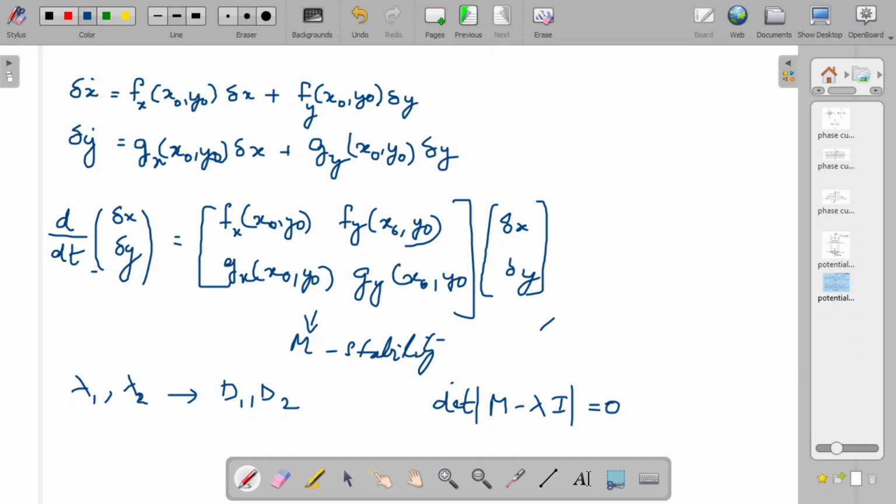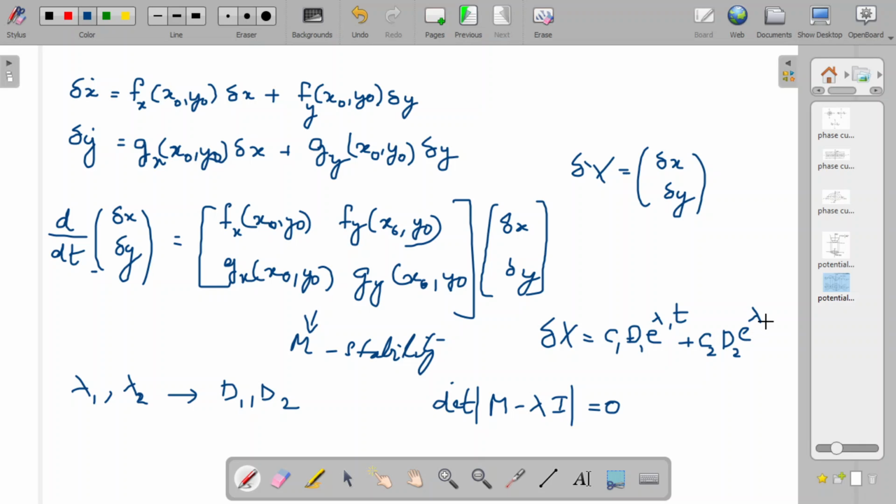Now the solution for this delta x and delta y, let me call this capital X, which is the column vector formed by small delta x and delta y. So this solution I can write in the general form as C1 into d1, where d1 is the column vector, e raised to lambda 1 into t, plus C2 into d2 e raised to lambda 2 into t.